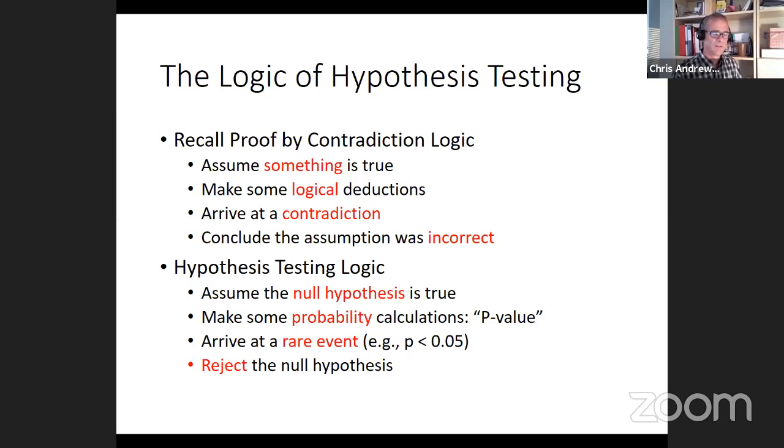If that probability is small, and small is almost uniformly defined as less than 0.05, if you get a rare event, then you say, well, look, maybe I observed a rare event. It happens. But perhaps an easier conclusion is that the hypothesis that I started from wasn't actually true. And so our option there is to reject the null hypothesis.